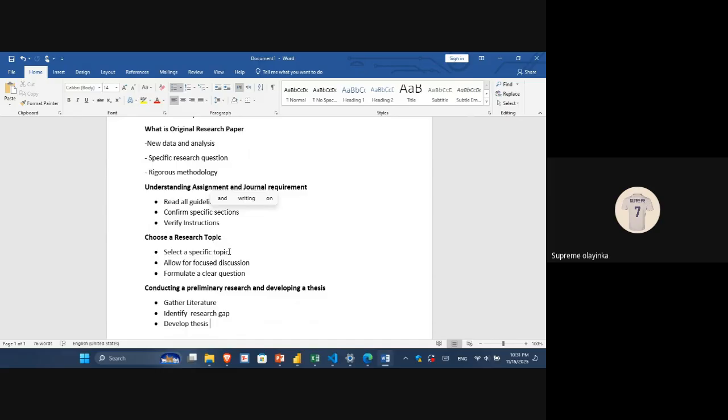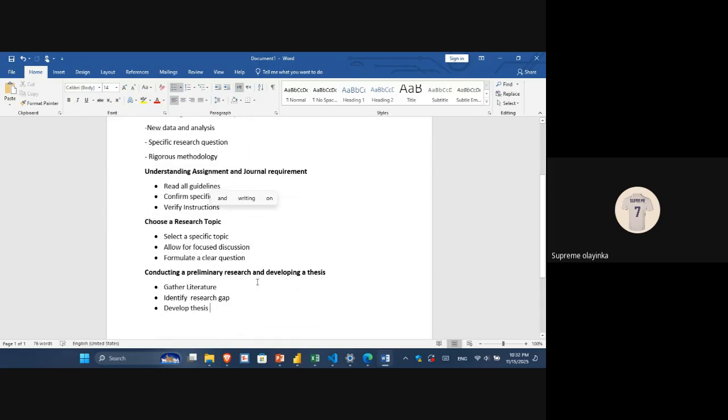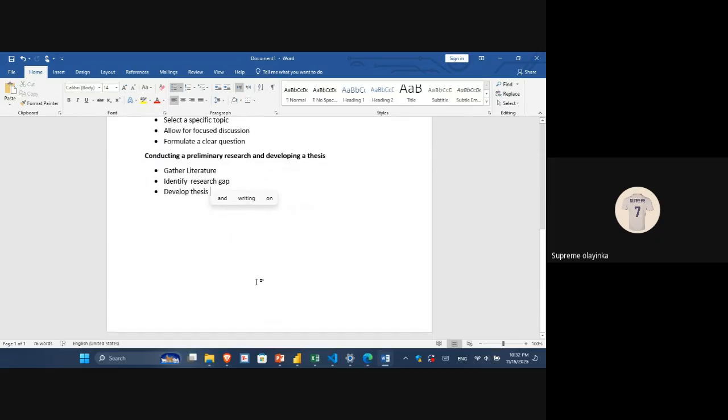You understand? So you have chosen your research topic by filling a research gap with a novel idea. You've developed your thesis, you've conducted your preliminary research, which is dry lab or wet lab, depending on what you are working on. You've done all those things. That would be stage one.